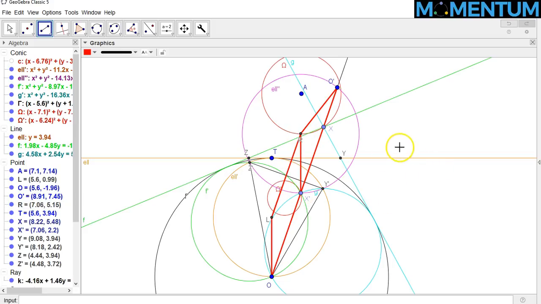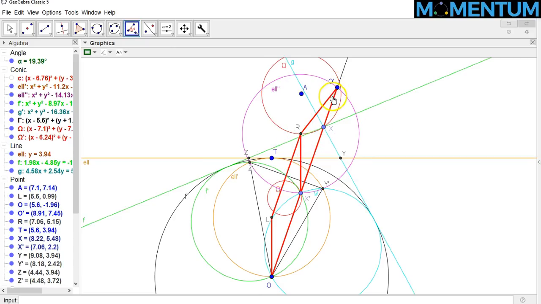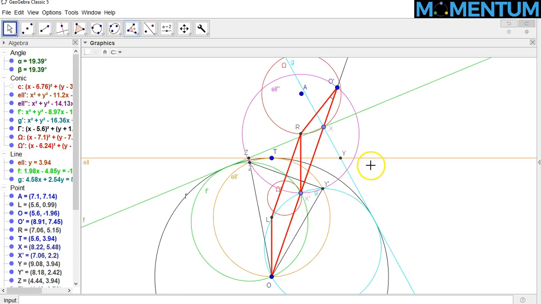RX prime. Do you guys see that O prime R X prime is an isosceles triangle? And as such, this angle here is equal to, let me draw the angle if you will, without labeling anything. So if you draw this angle here, R O prime, obviously it has the same measurement as this one. Do you see those two angles?